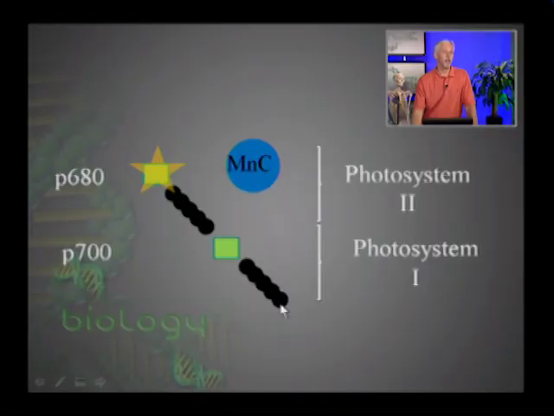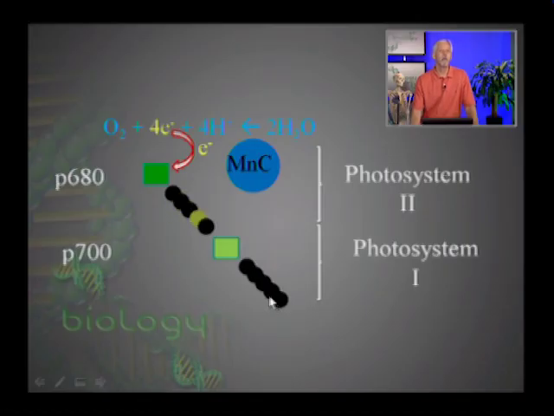So just one more look at this then. Chlorophyll A in photosystem 2, already excited, accepts a photon, loses its electron to the electron transport system. That has to be replaced by electrons from the manganese center protein, stripping electrons from water.